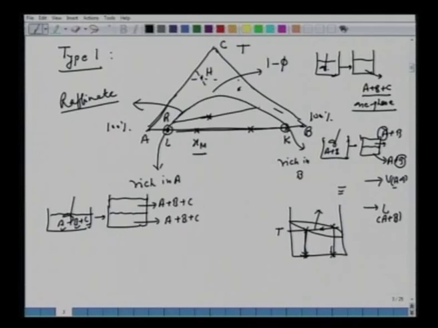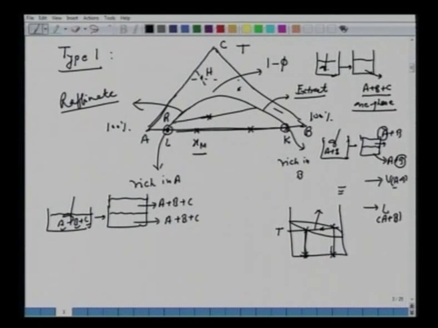Similarly, this side, this line, any point here, we'll call them extract, which means B is acting as a solvent, and this contains a larger amount of C than this. So we have the tie line with the positive slope.